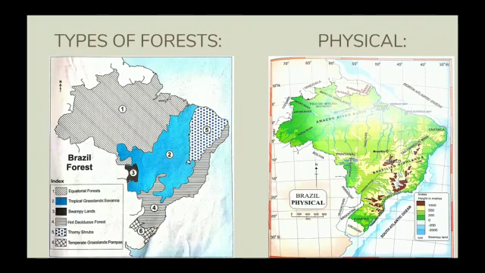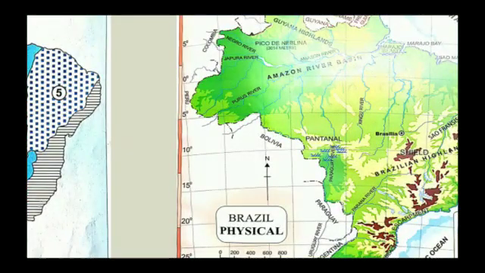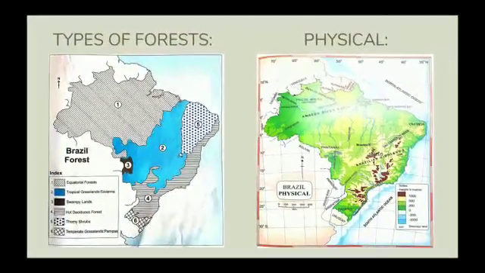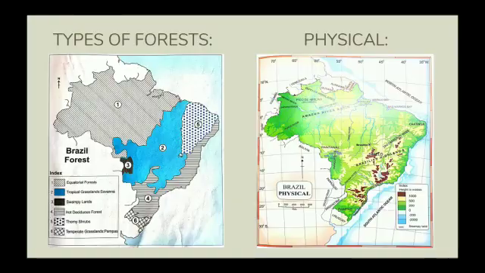Third, the black color which you see is called the swampy land. It's also called Pantanal, which we can see in the physical map of Brazil. And the fourth one is the hot deciduous forest, which is occupying the Great Escarpment area. And the fifth one is showing us thorny bushes or thorny shrubs, which is on the extreme east side of Brazil.